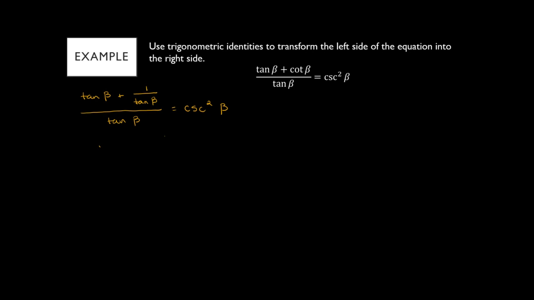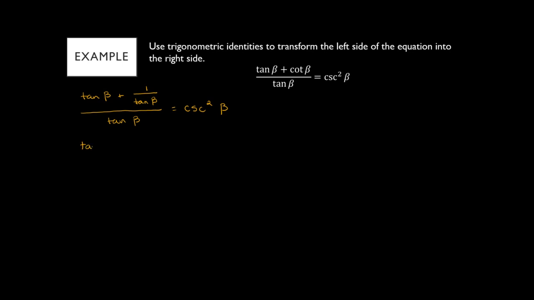Looking at this, I need to somehow simplify the left side. What makes sense to me is taking the numerator on top and creating two fractions from it. We're going to take each part of the top and divide it by tangent of beta. So I'm sort of reversing what you do when you add fractions.